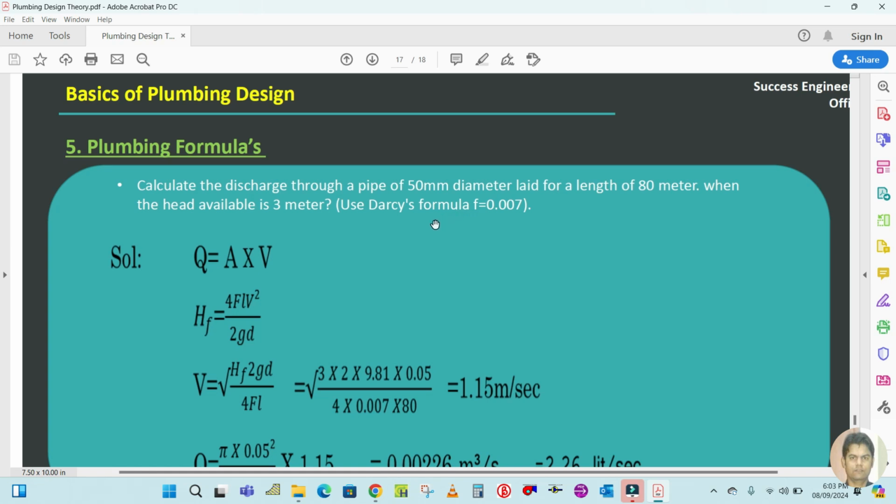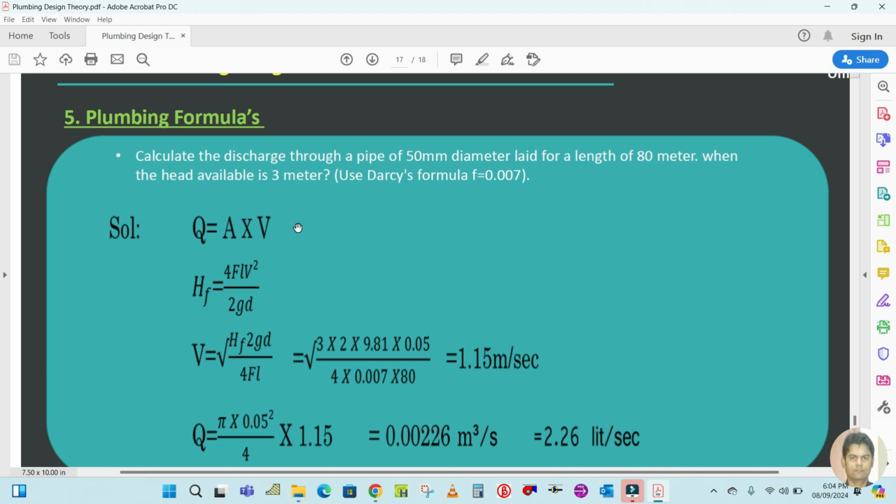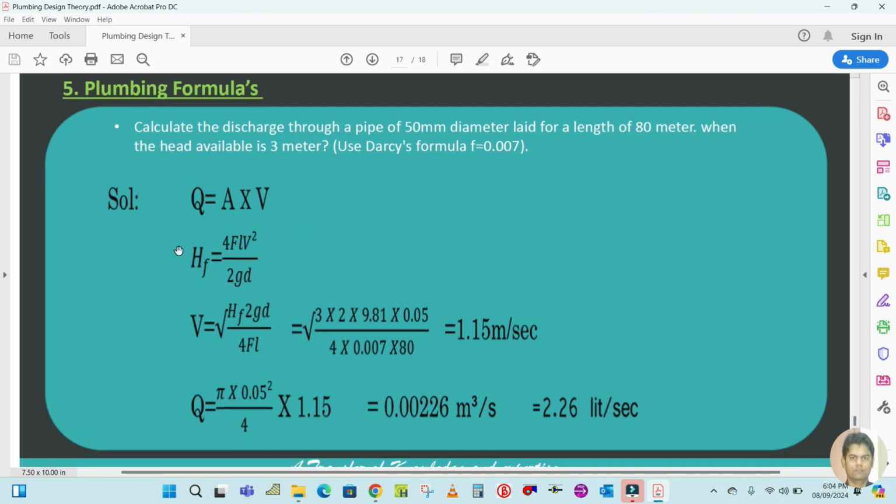So we have to calculate the discharge. f is already given, and Q is equal to A times V, which is the discharge equation. hf is the Darcy formula, hf equal to 4 f L V squared divided by 2 g d. From this equation you can find the velocity.